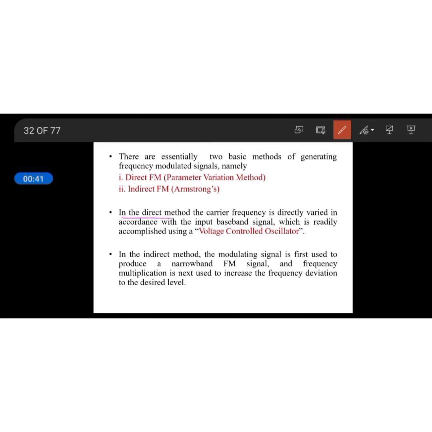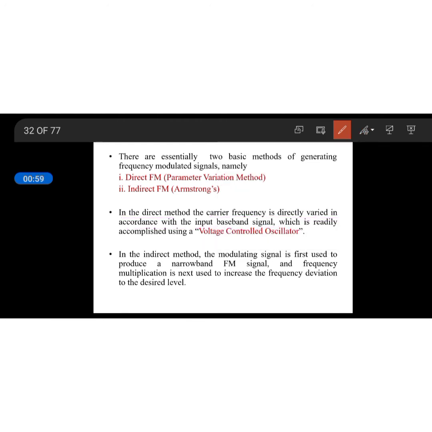So in the direct method, the carrier frequency is directly varied in accordance with the input baseband signal, which is readily accomplished by using a voltage controlled oscillator. So the variation is accomplished by means of what? A voltage controlled oscillator.